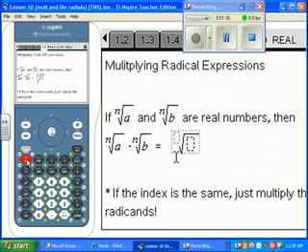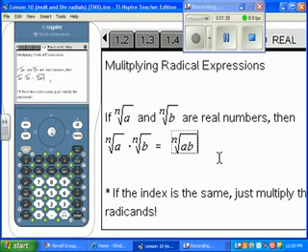And then underneath the radical, where the radicand is, it's going to be AB. So that is multiplication of radicals.